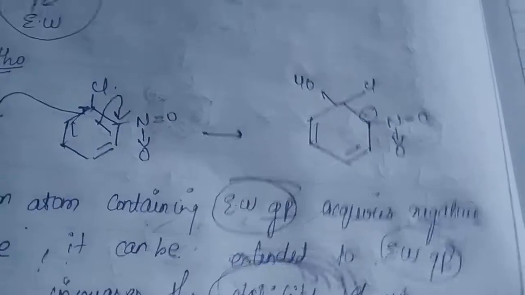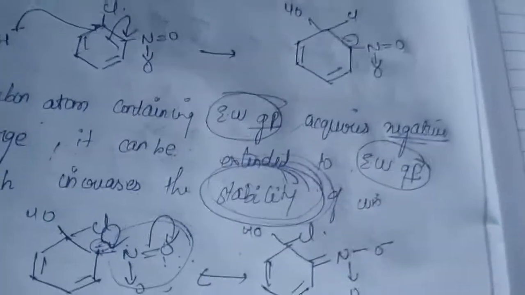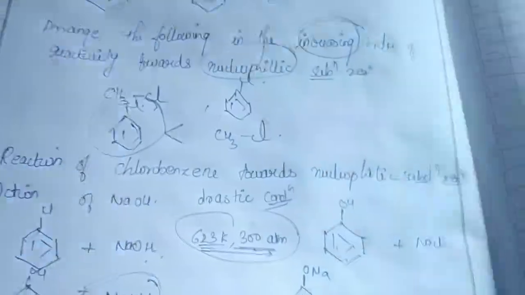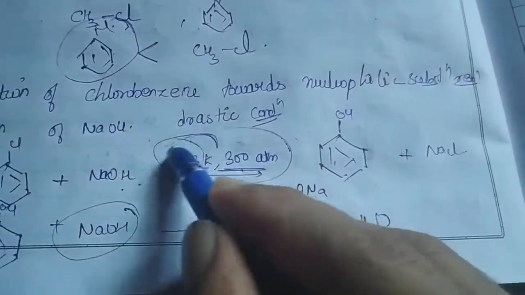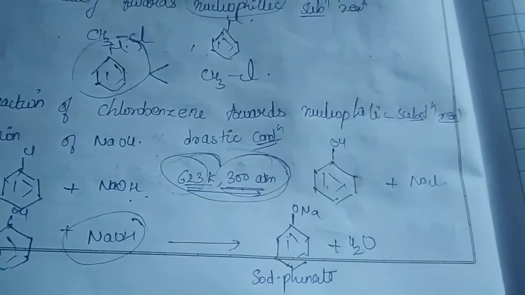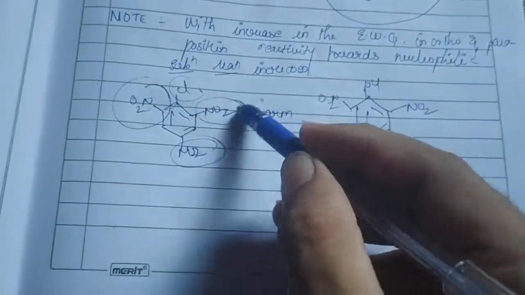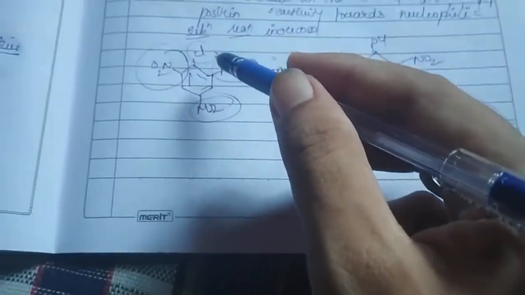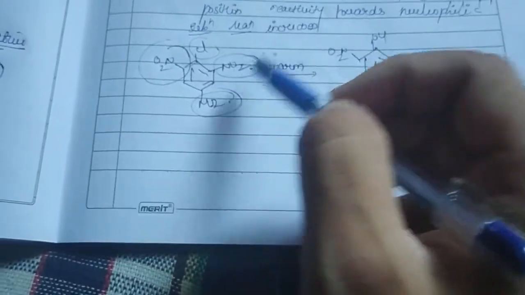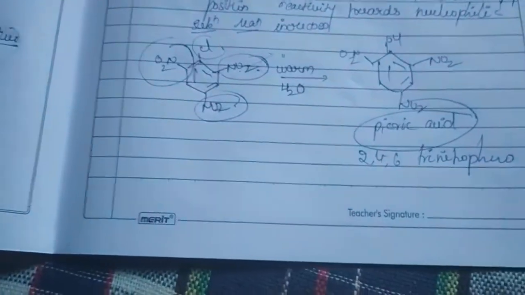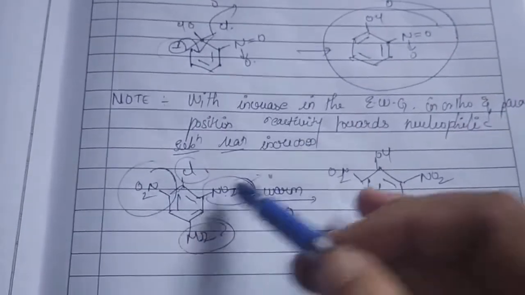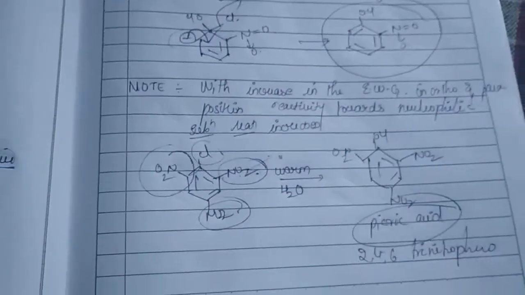When we were talking about just chlorobenzene, converting chlorobenzene to phenol, what did we see? We have to maintain a temperature of nearly 623 Kelvin and 300 atmosphere. But when we have three electron withdrawing groups in ortho and para position, no such condition is required. Just by utilizing a certain amount of heat, we are easily making it a nucleophilic substitution reaction.